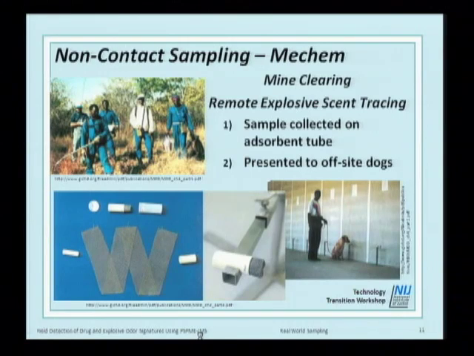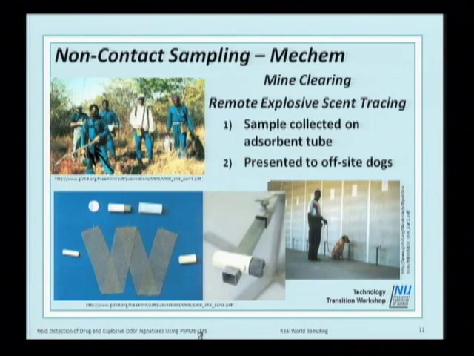So a South African mine clearing company called Mechem came up with this remote explosive scent tracing technique. Now, what they do is they sample large areas suspected to contain mines. For instance, they'll send teams on foot with a suction sampler, shown there.